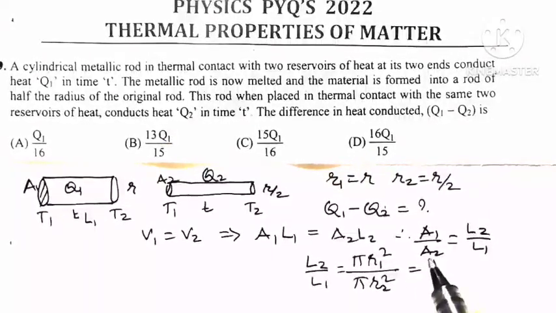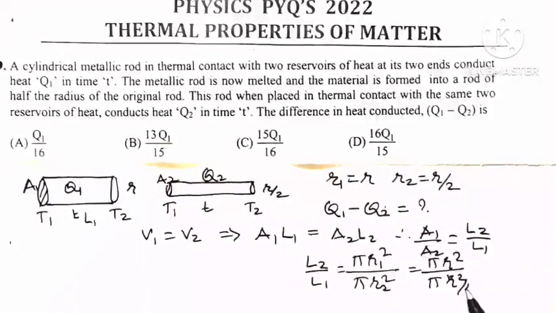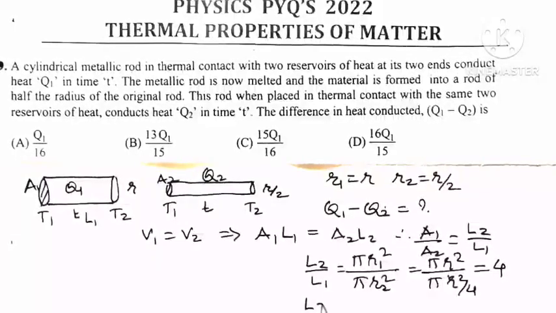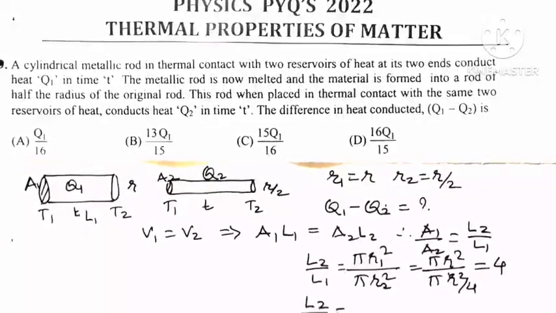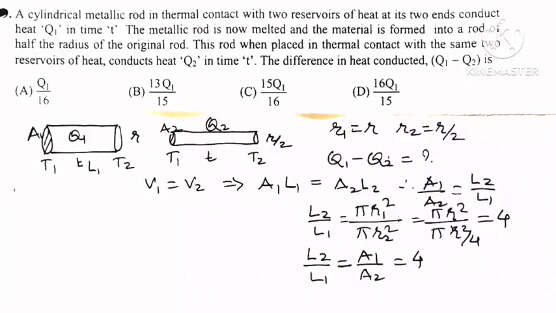So that is equal to pi R square upon pi into, now R2 is R by 2, so it is R square by 4, so that is equal to 4. It means L2 by L1 is equal to A1 by A2 is equal to 4.